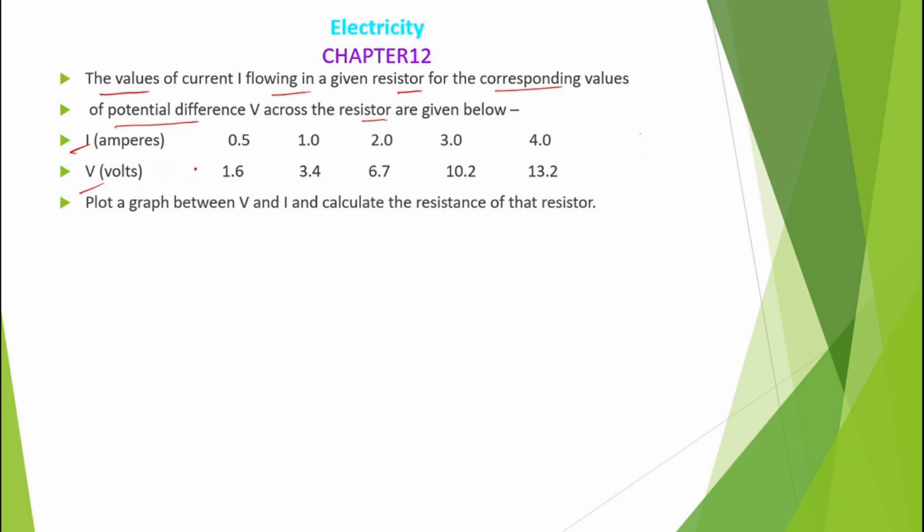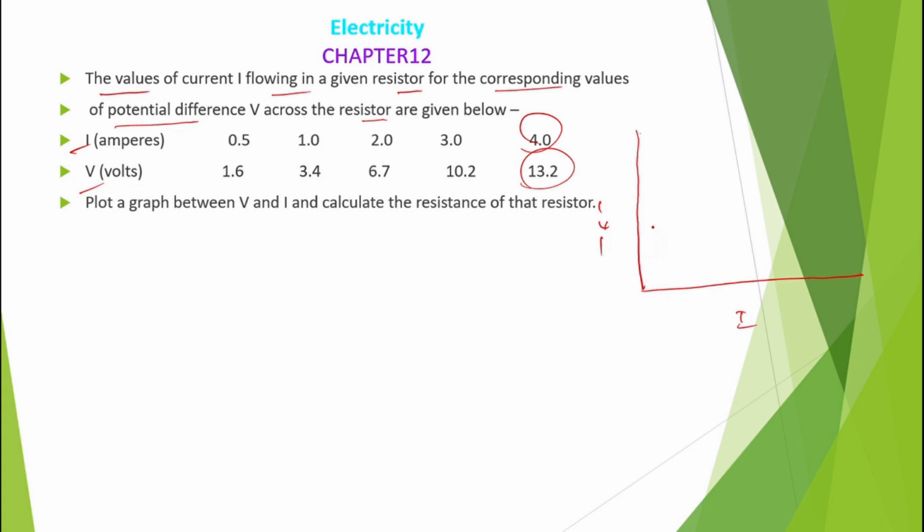See here, ampere, this is the 4 highest and voltage is 13.2 highest. So usually y axis is marked for volt, so this is y axis and this is x axis. So this is volt and this is current.